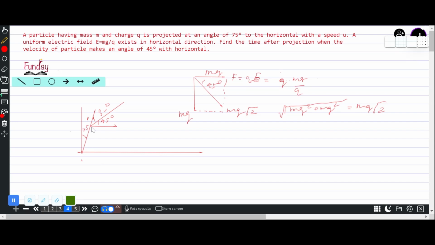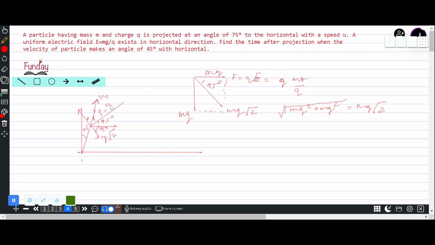That means it is at 90 degrees from the new x-axis, so that we can say is the new y-axis. So we have g root 2 deceleration happening in the y direction, and in the new x direction the velocity component becomes u cos 30, and the vertical velocity component becomes u sin 30.